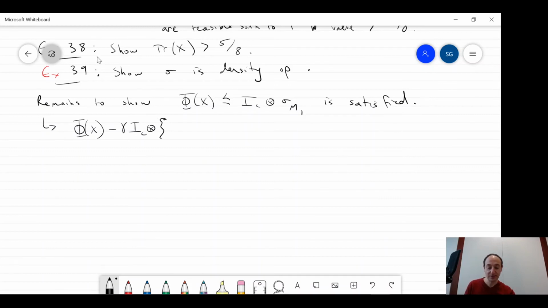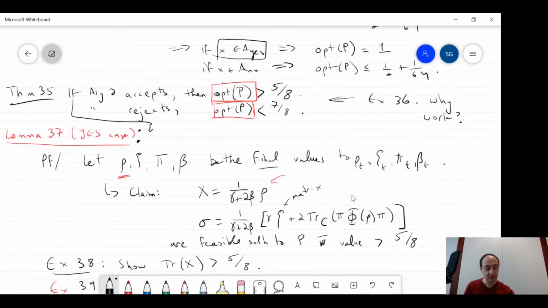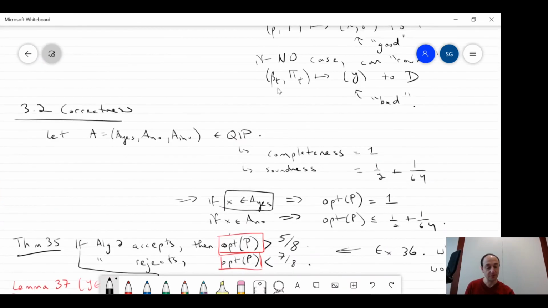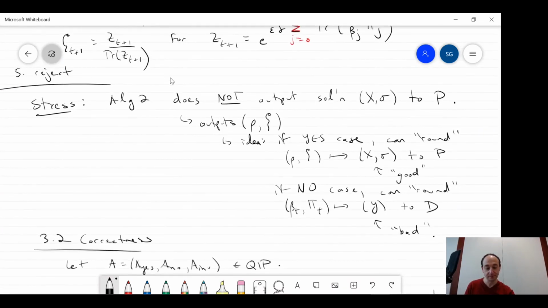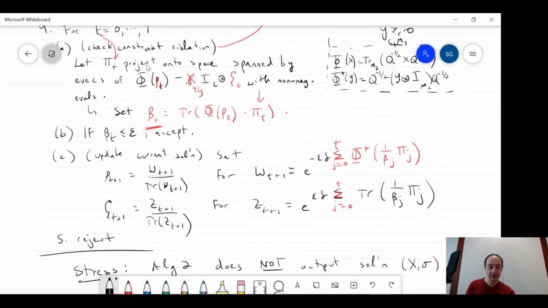Remember in our STP, this was the quantity we were concerned with, because we defined pi. Let me be a little bit careful here. Where's my pi? Okay, right. So we looked at this thing: phi of my solution minus gamma times identity tensor zeta. And then pi was supposed to be the projector onto the eigenvectors of this with non-negative eigenvalue.